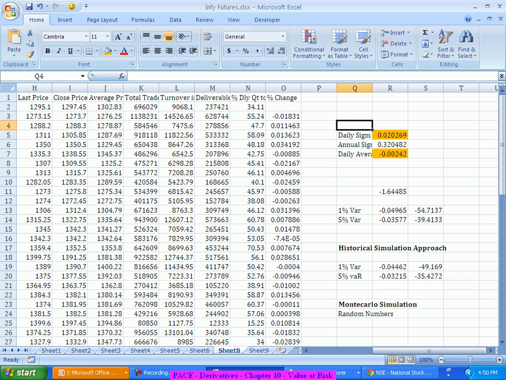You take the mean and standard deviation, and based on that you generate your data, using random numbers.